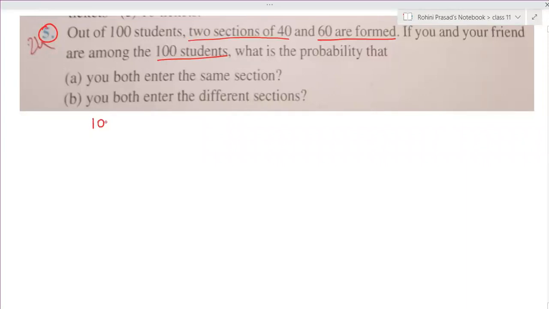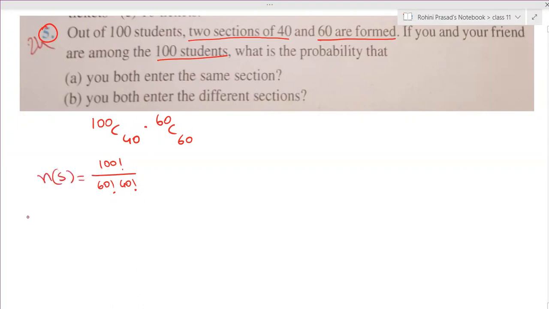I mean to say, from 100, if you select the 40 students, automatically from 60, you need to select all the 60 students. So 60C60 is one way, and 100C40 is 100 factorial by (100 minus 40) factorial, that is 60 factorial, into 40 factorial. So this is the total number of ways. This is n(S).